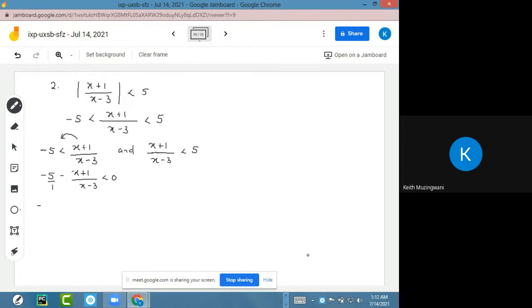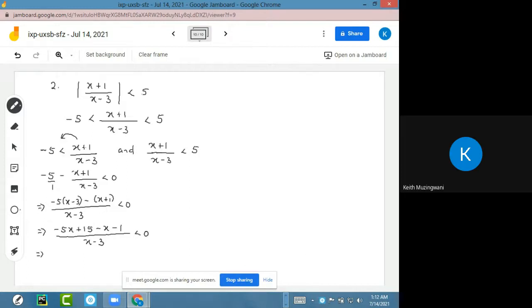Get the denominator and then have -5 times x minus 3 minus x plus 1 less than 0, giving us -5x plus 15 minus x minus 1 over x minus 3 less than 0.